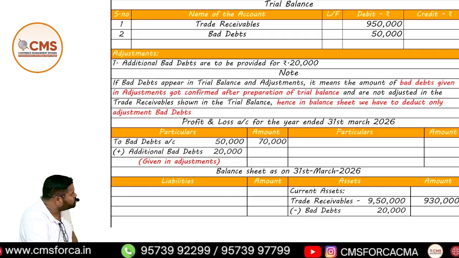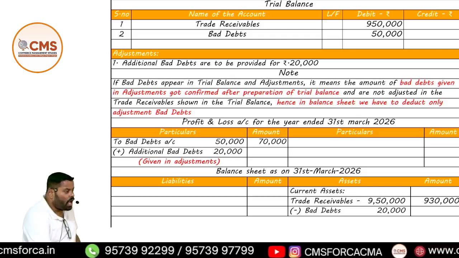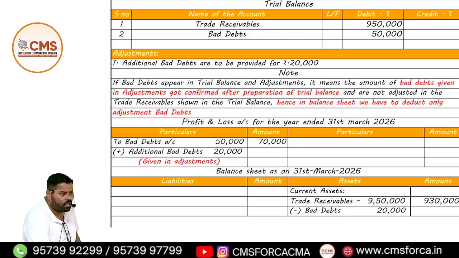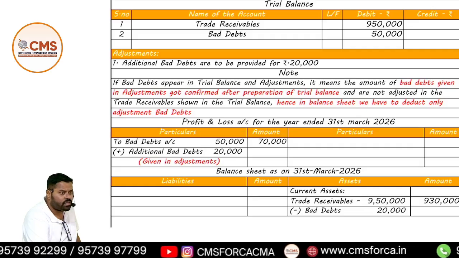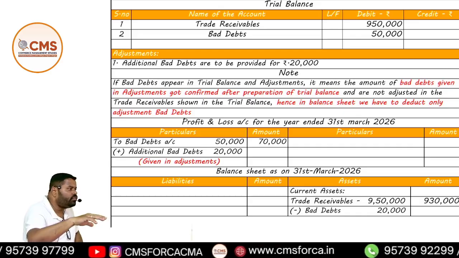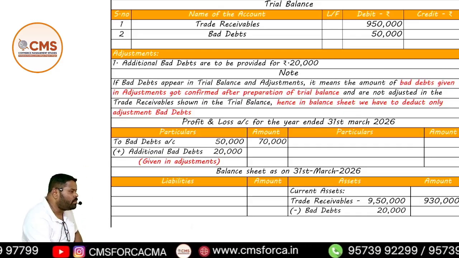Look at the adjustments here. Additional bad debts are to be provided for 20,000. Now, what is the timing difference here? The bad debts that are there in your trial balance were already confirmed before you prepared your trial balance. Okay.